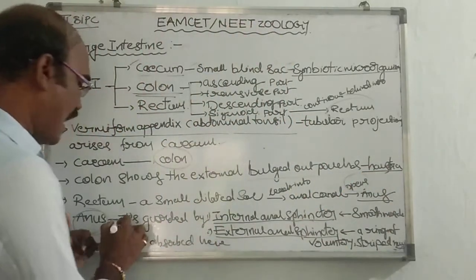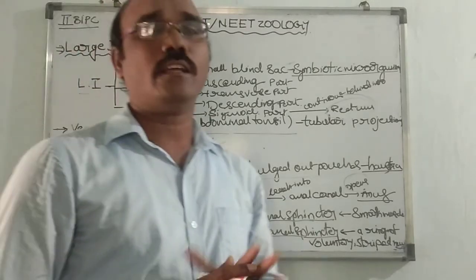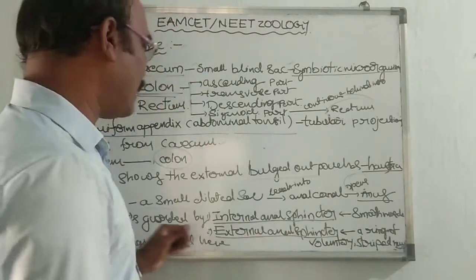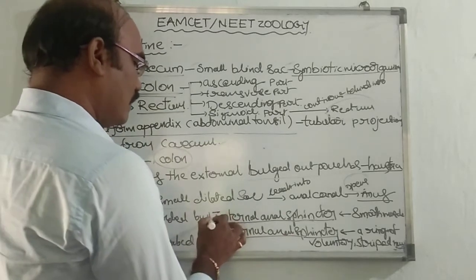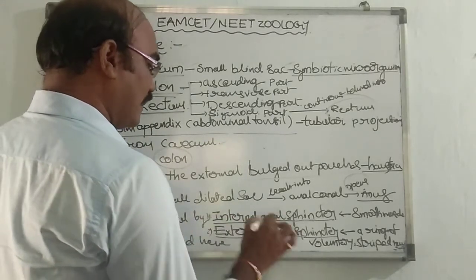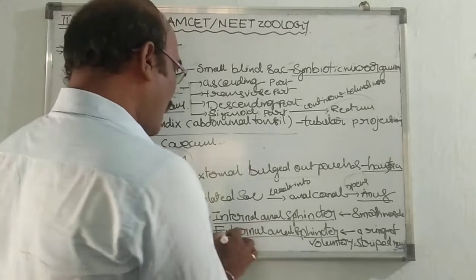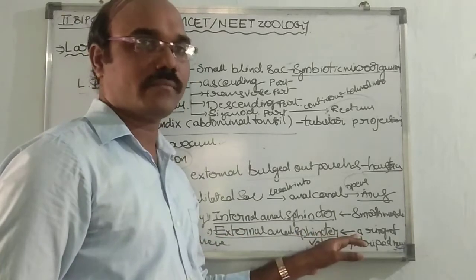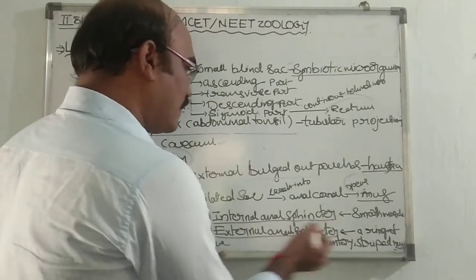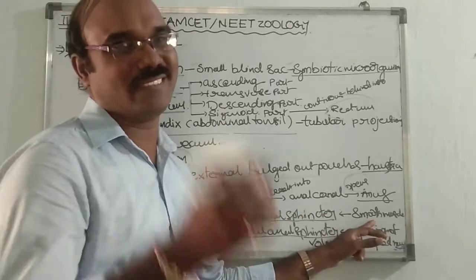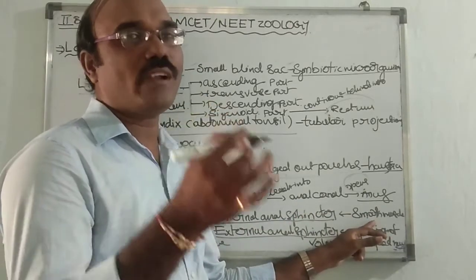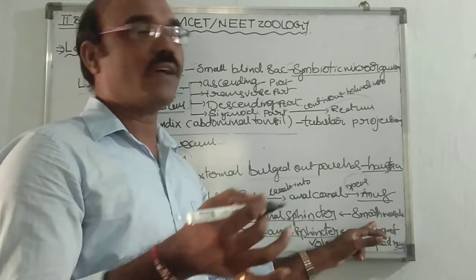The anus is guarded by two kinds of sphincters: the internal anal sphincter and the external anal sphincter. The internal anal sphincter is formed by smooth muscles, so the movement of these muscles is not in our control.